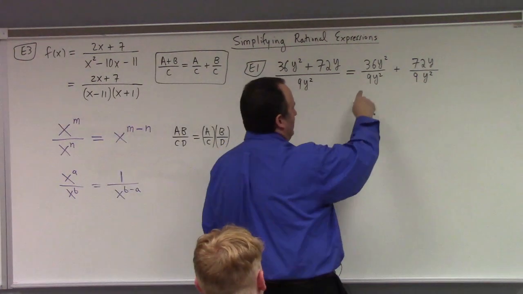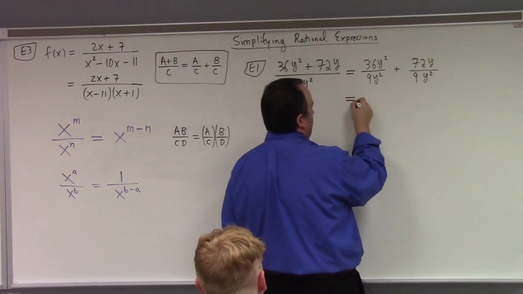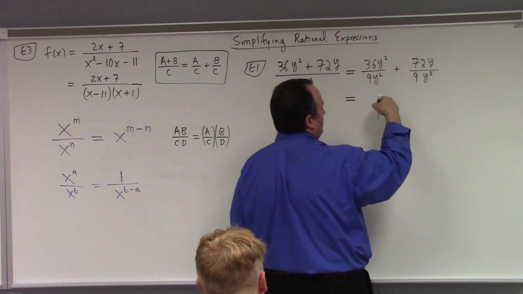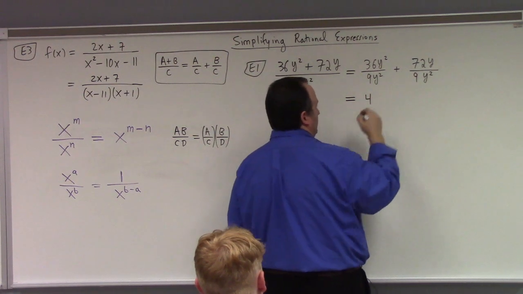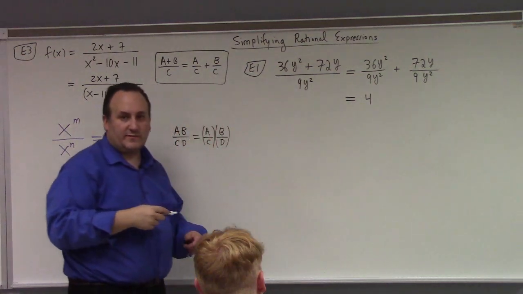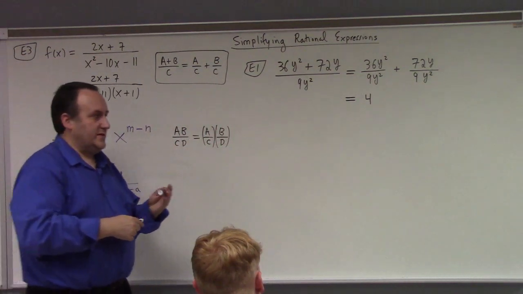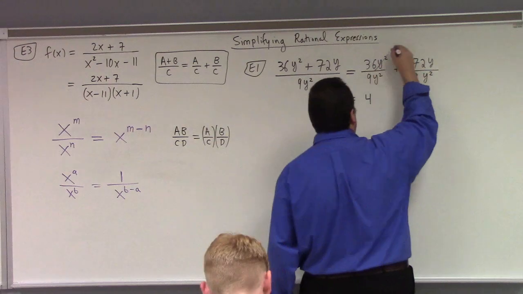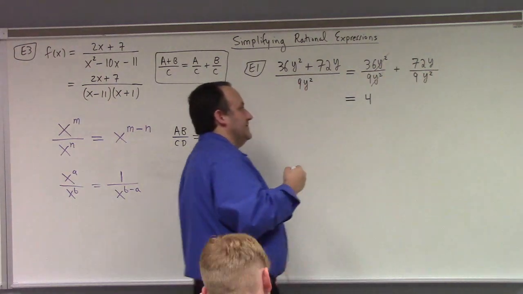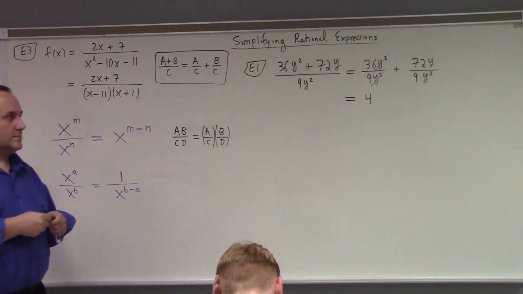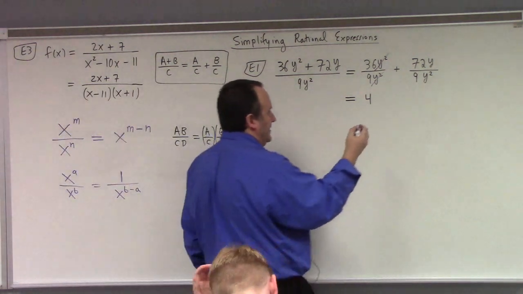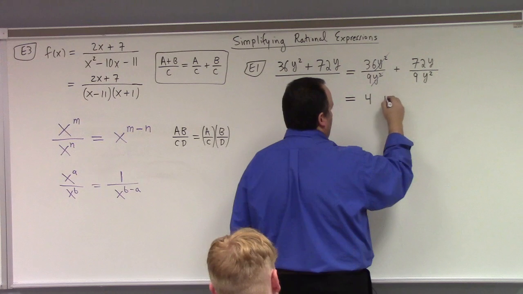Well, anyway, so here, how does it simplify? What's 36 over 9? 4. What's y squared over y squared? 1, right? Those cancel out, right? All right. What's 72 over 9? 8. Yep, 8. And what's y over y squared?